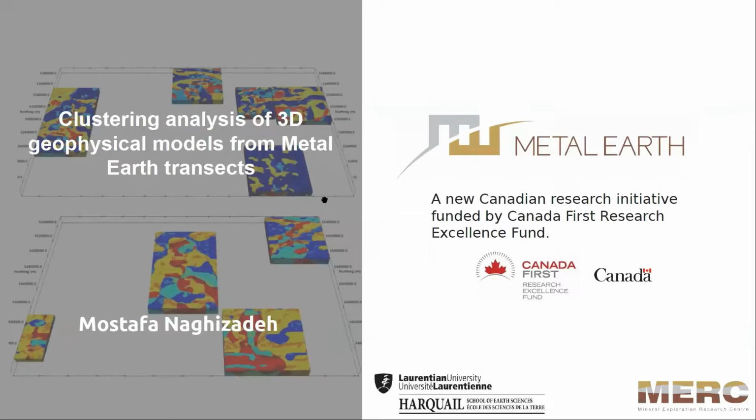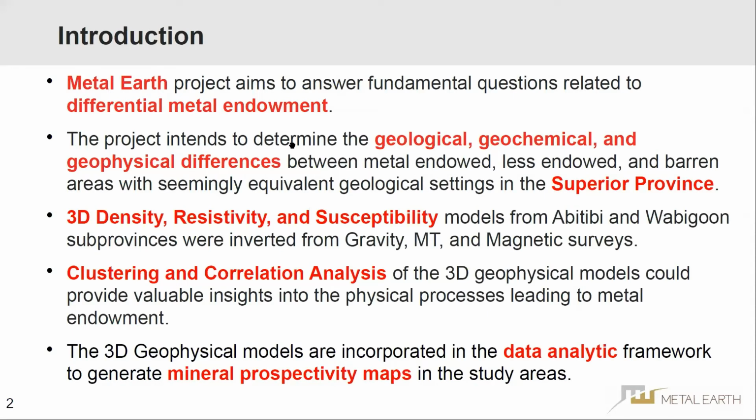and try to come up with some clustering methods that can be useful for prospectivity analysis, for mineral prospectivity. So I'll start in here. Just an introduction. We all know the Metal Earth project aims to answer fundamental questions related to differential metal endowment.